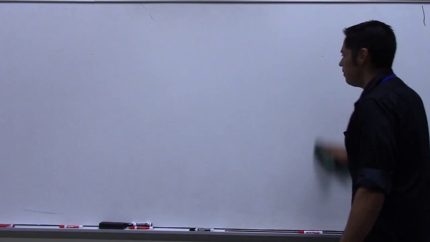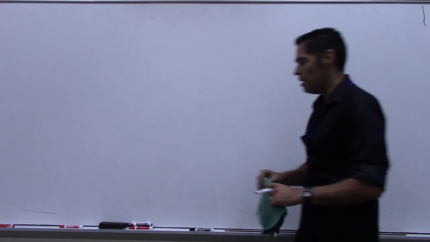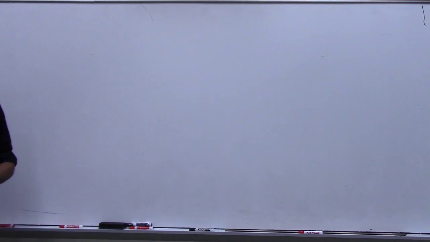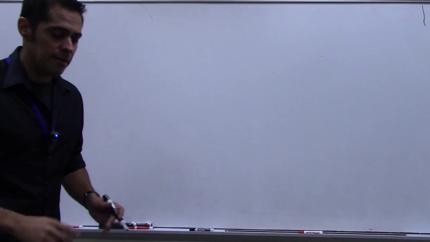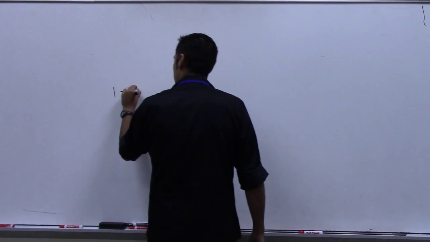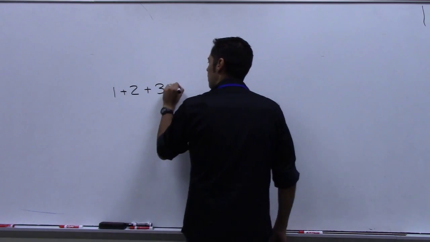And then the most famous story, and whether or not this is true is debated, but it's a great story, is that when he was in first grade, the teacher went into the class and said, class, what is 1 plus 2 plus 3 plus 4?